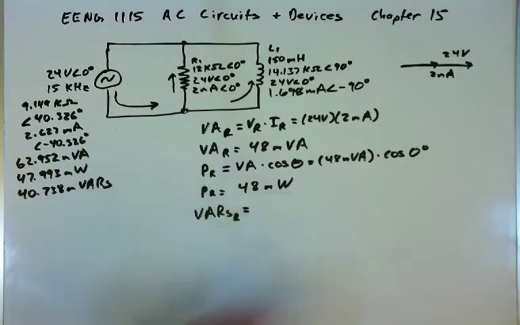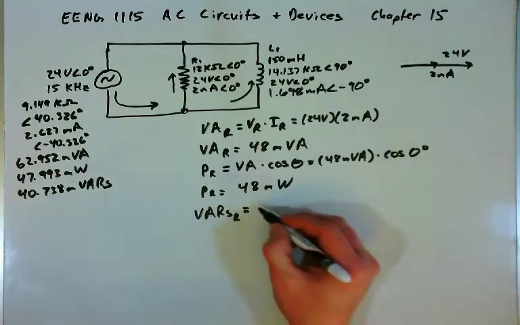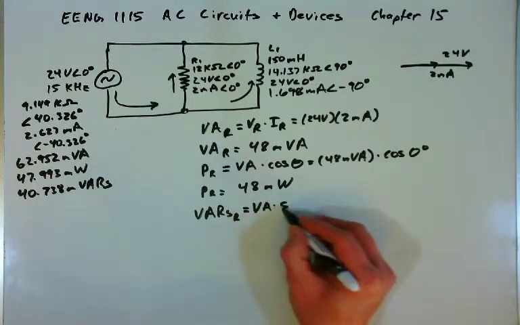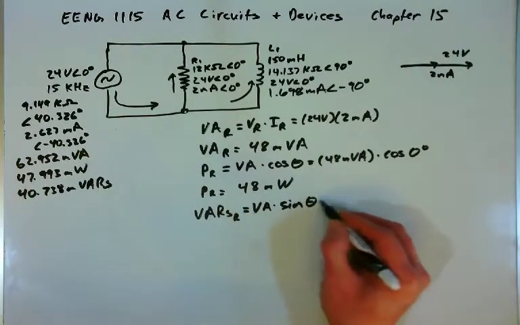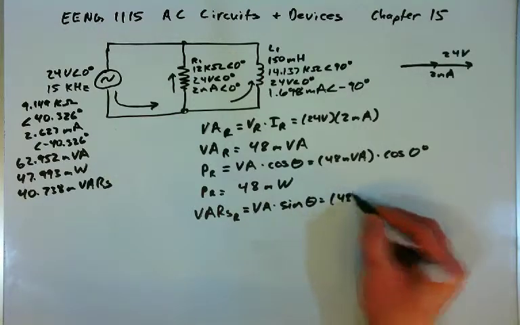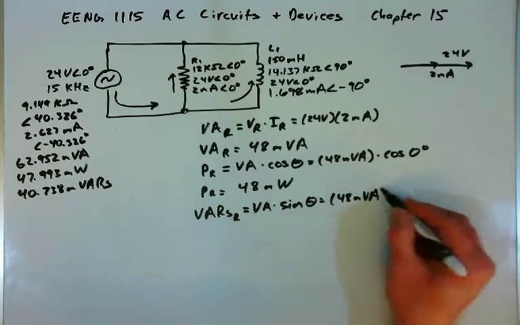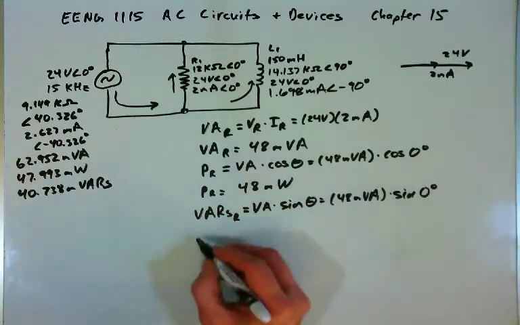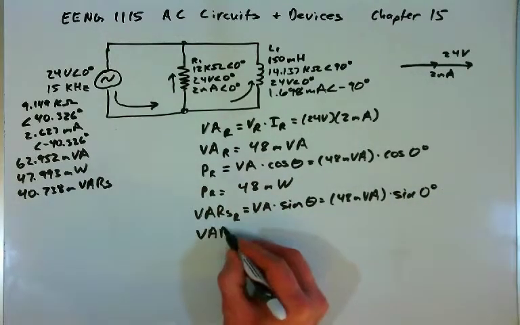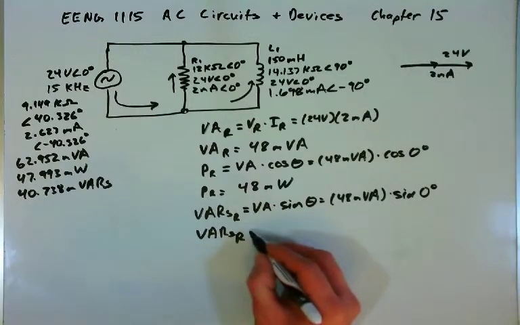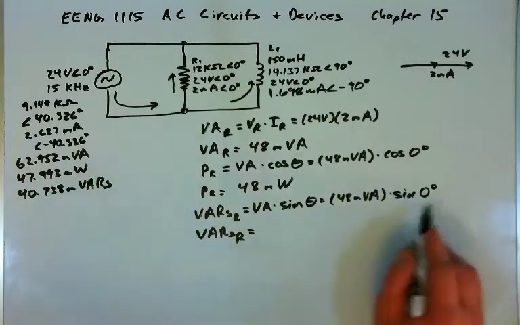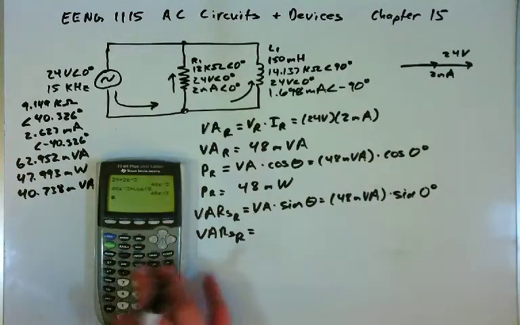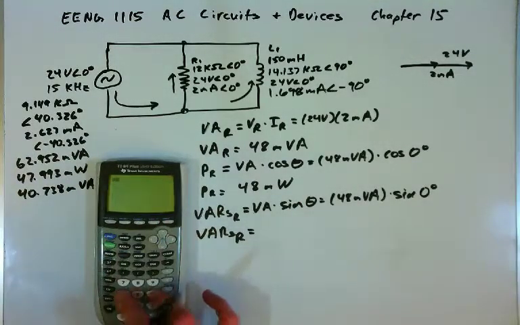And here we're finding the volt-amps reactive of the resistor. We'll take the volt-amps, multiply by the sine of the angle. So we have 48 millivolt amps times the sine of 0 degrees. The sine of 0 I know is 0, but I'll type it in anyway.